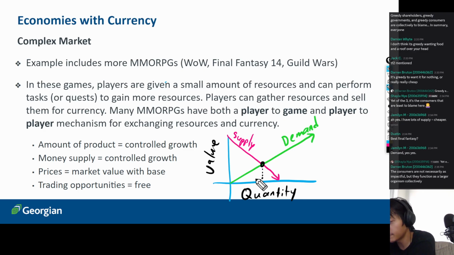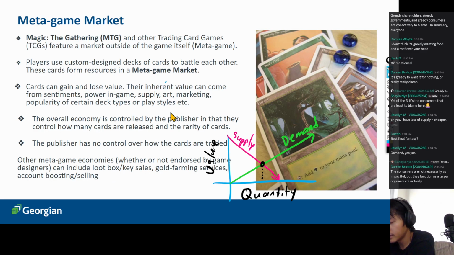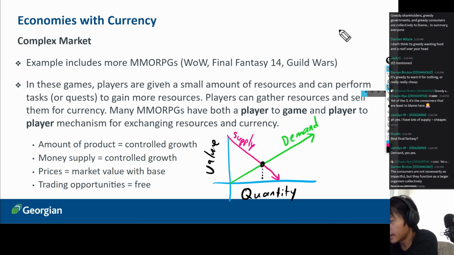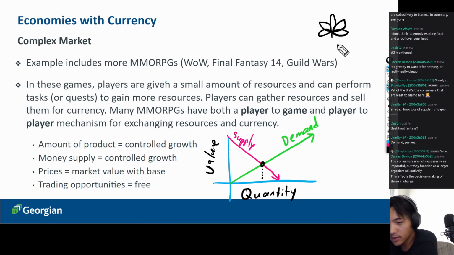So the situation of, for example, a certain card in Magic the Gathering that is printed once and never reprinted again, but people really care about it. There's this one card called the Black Lotus that's really powerful. It was printed a long time ago. It's worth like thousands of dollars right now. And it will never be reprinted ever again.